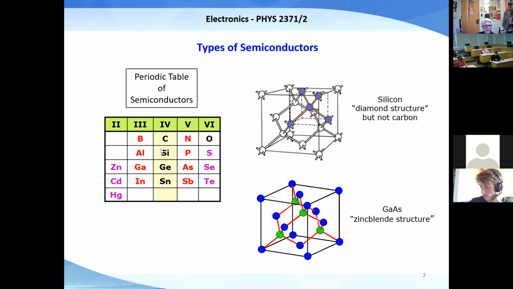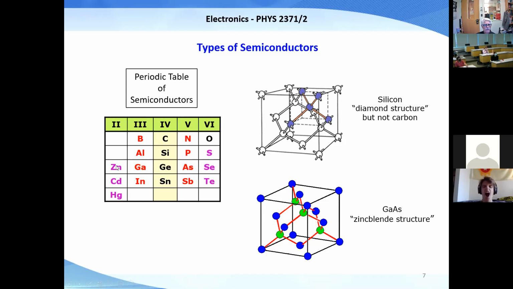Gallium is a group 3 and arsenic is a group 5. Well, on the average, they have 4 bonding electrons. The gallium has 3 and the arsenic has 5. So you can make any of the semiconductors as long as they average 4.